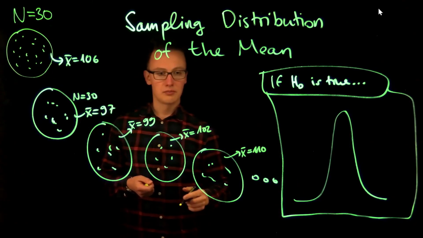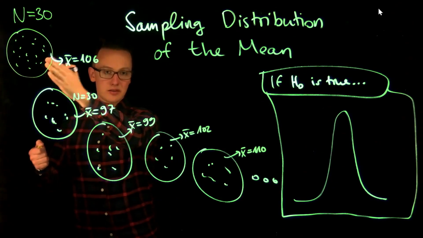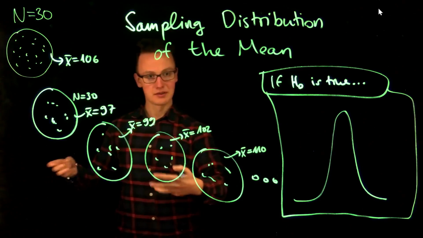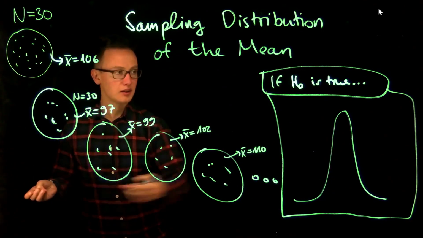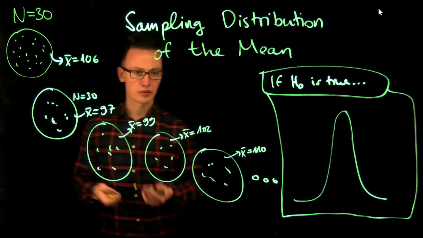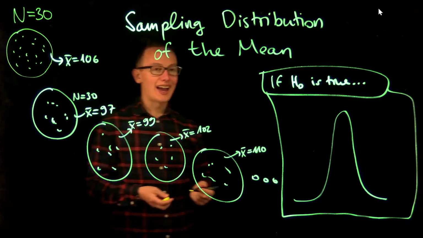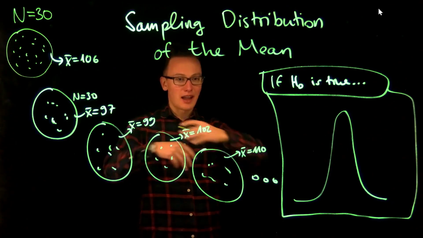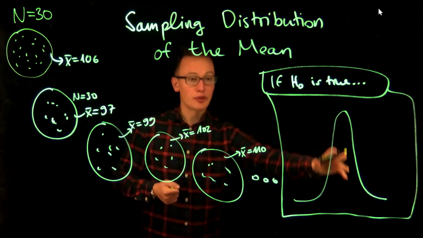So we are gathering all of these sample means together of possibly infinitely many of these samples we have taken out of the null hypothesis distribution, for example, of IQ scores. We're collecting them all in one bucket, you can imagine, and now we are plotting how their distribution looks.